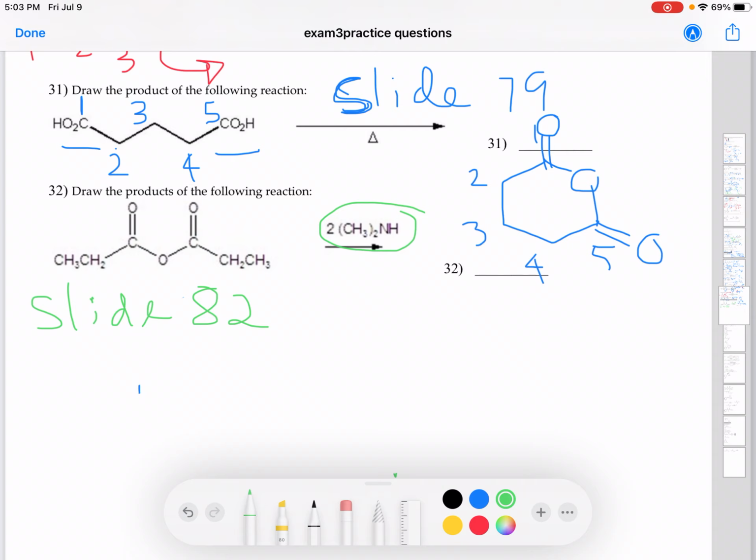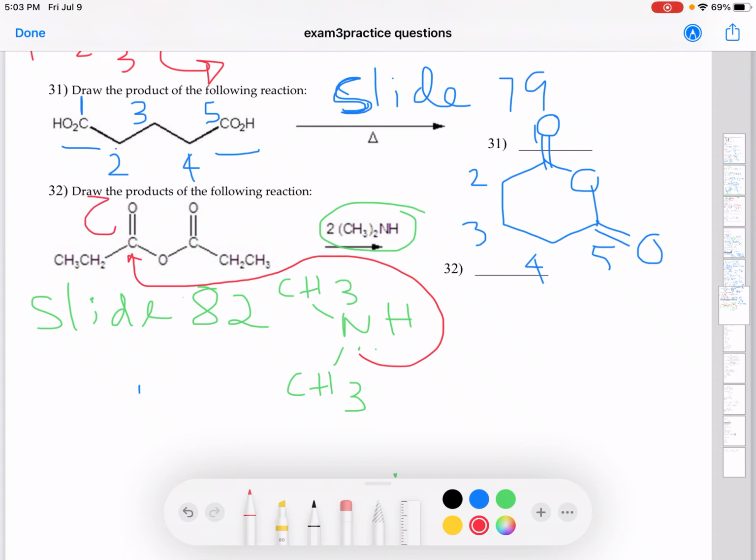Your amine is going to look like this: NH, CH3, CH3, and two equivalents of amine. The lone pair of the amine is going to react with a carbonyl group.